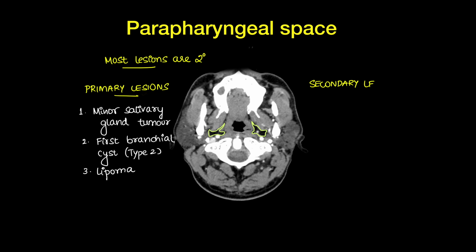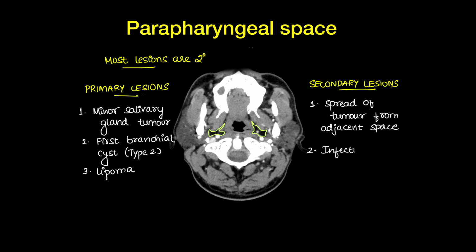Secondary lesions affecting the parapharyngeal fat space are spread of tumors from the adjacent spaces, and spread of infection or abscess from the adjacent spaces, or tonsils or adenoids, or even odontogenic infections can spread to this space.